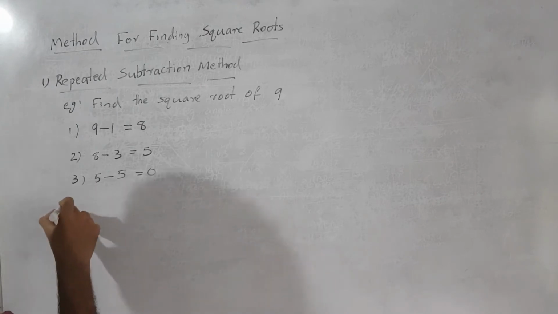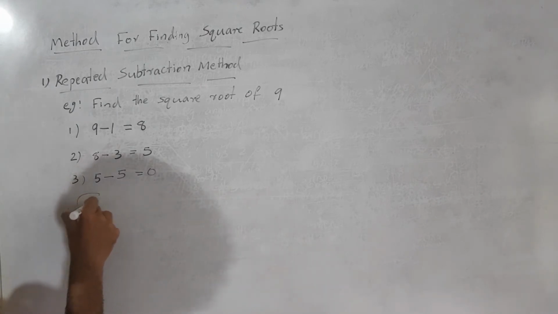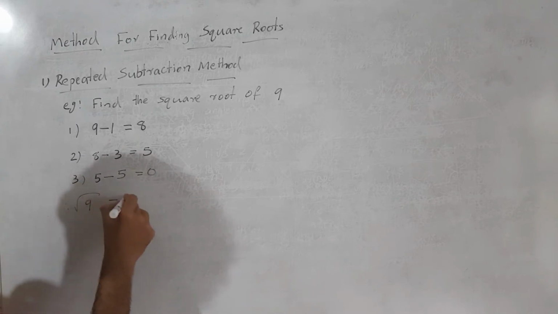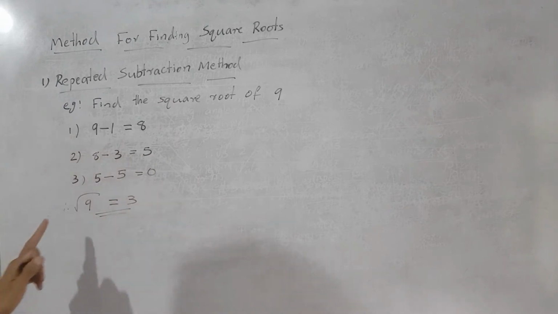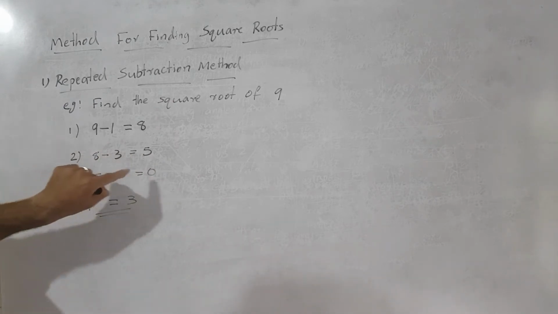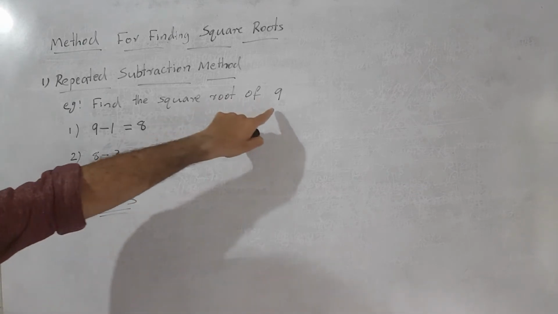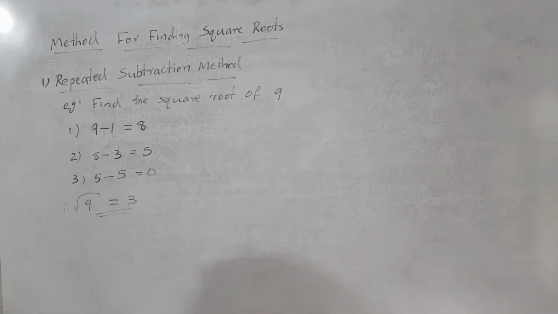That means, therefore, the square root of 9 is equal to 3. The number of steps is the square root of the number. The third step we got the answer 0. That means the square root of 9 is equal to 3.